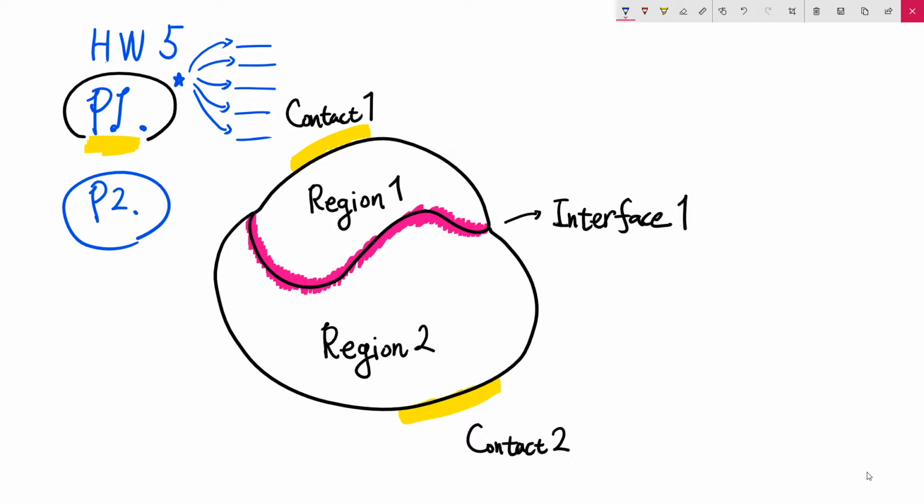Okay, good. Then let's come back to the question like this. So think about this triangle and another triangle. Say this is a right triangle.